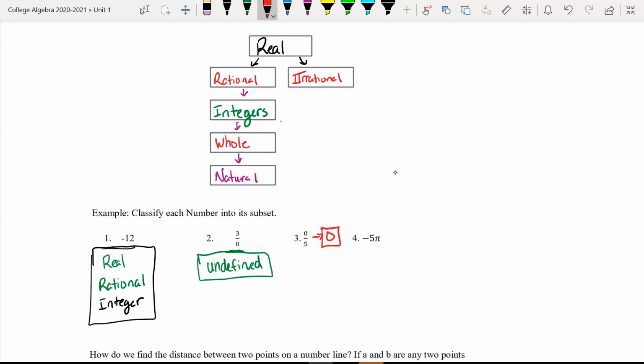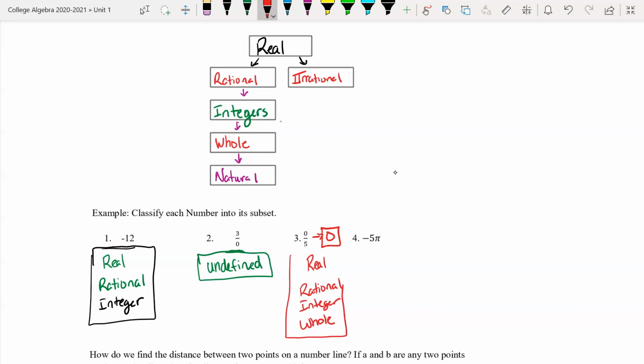Well, 0 I can work with. That's a real number. That's a rational number. That's an integer because 0 is included in an integer. That's a whole number because 0 is included in wholes. And then, is it a natural number? Is it a counting number? No, so I stop there.